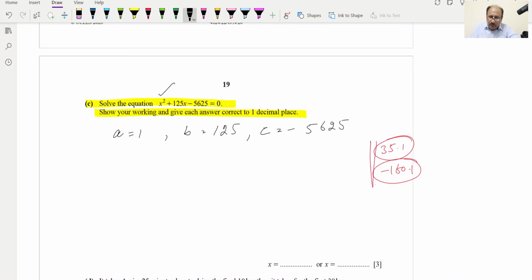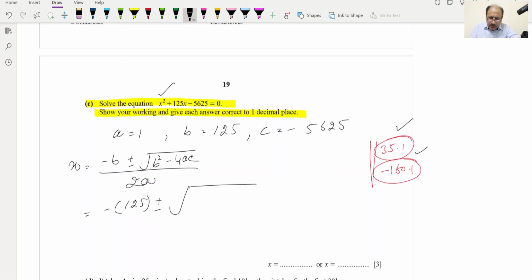We will confirm by solving this. If we are getting decimals, we should apply the quadratic formula. So x is equal to minus b plus minus the square root of b squared minus 4ac, over 2a. Replacing values, we get minus 125 plus minus the square root of 125 squared minus 4 into 1 into minus 5625, divided by 2 into 1.